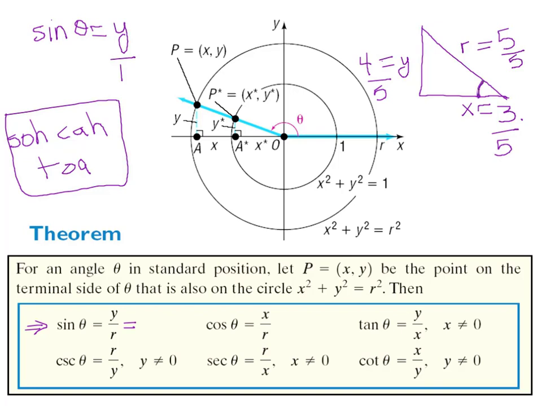The opposite means the opposite of the angle, which is y, over the hypotenuse, which is r. The cosine is, adjacent means next to, so it's this side over the hypotenuse. And then, exactly, that's all. Okay?